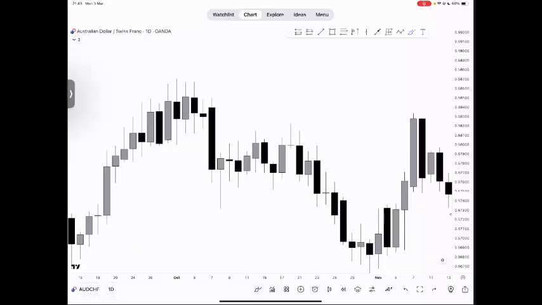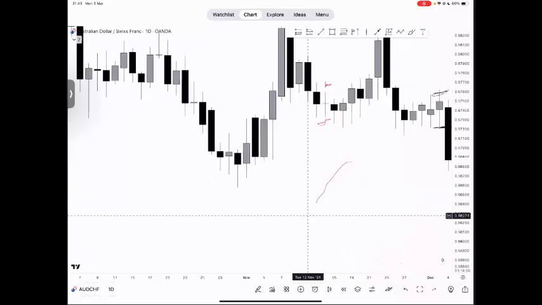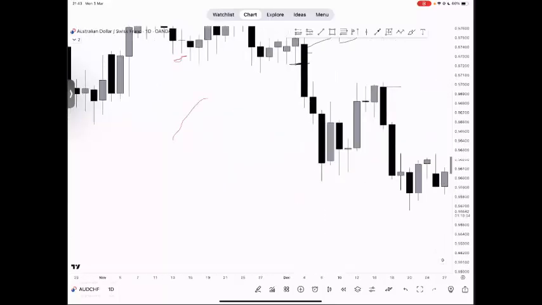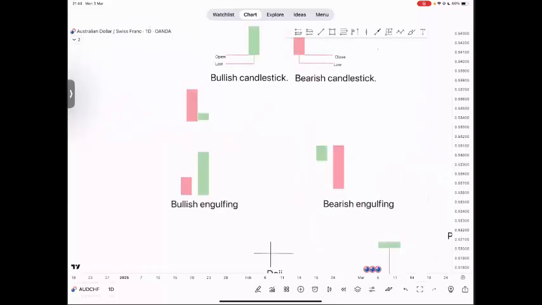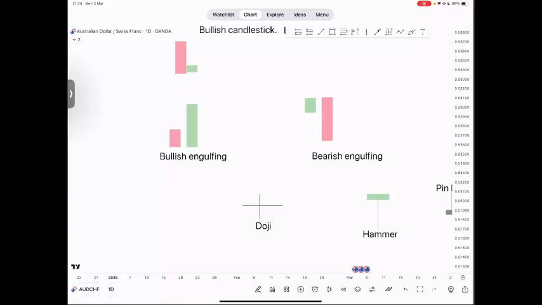And you can see that it was formed after a bullish candlestick. But immediately it was formed, what happened? Price started selling. It is a very powerful reversal candlestick. It is one of the most powerful, if not the most powerful candlestick, right? I told you the engulfings are the most important and the dojis are the most powerful.